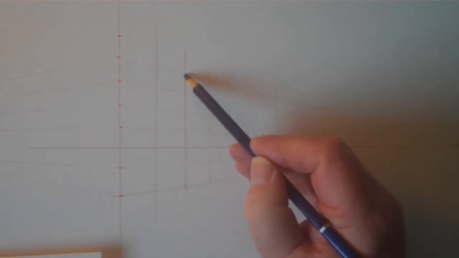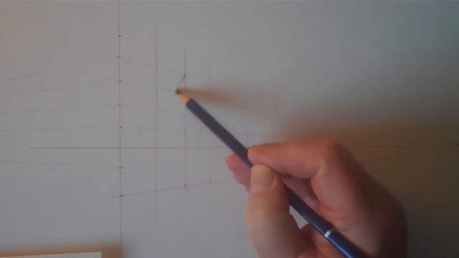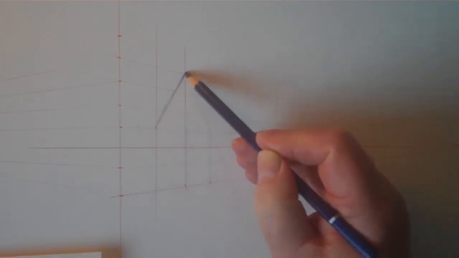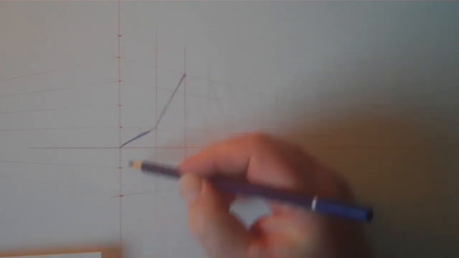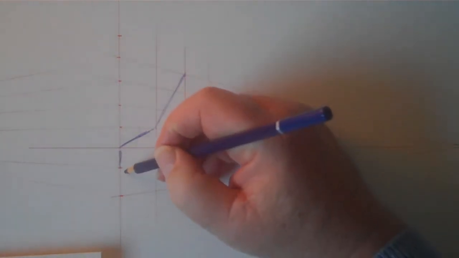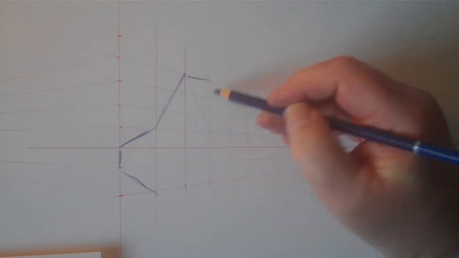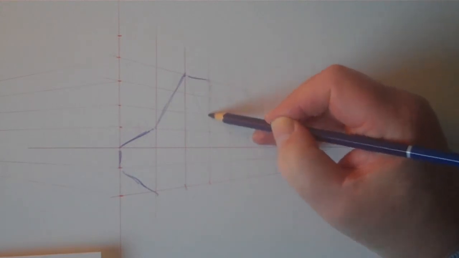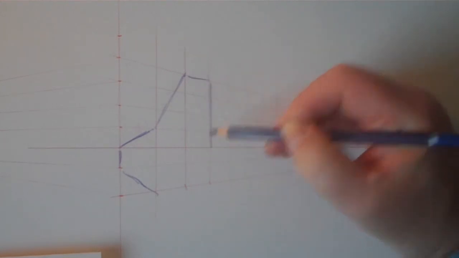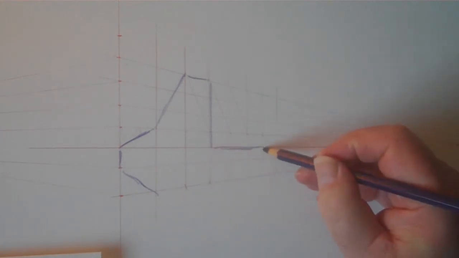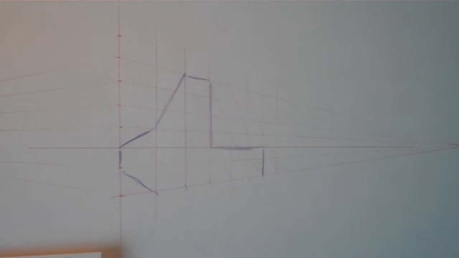If I just take all the different points on this, I can draw in the outline of the child's toy along these bits. It comes down to there, it goes along for another 3 squares, it comes down like that.